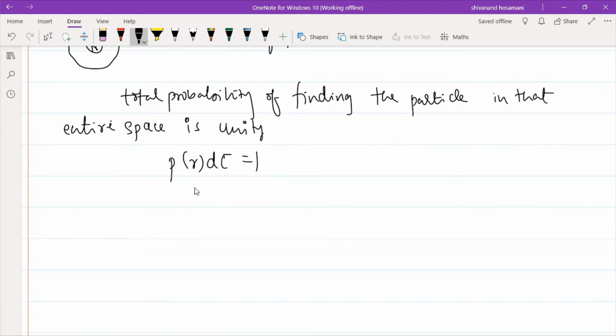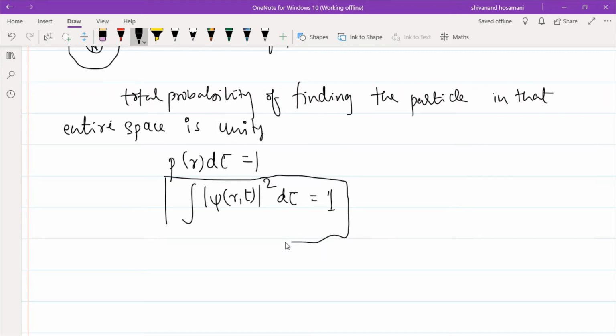So that can be written as the integration of mod of psi of r comma t, mod squared, d tau, which will always be equal to 1. This integration is to find the probability in the entire region, so the probability will be equal to 1.